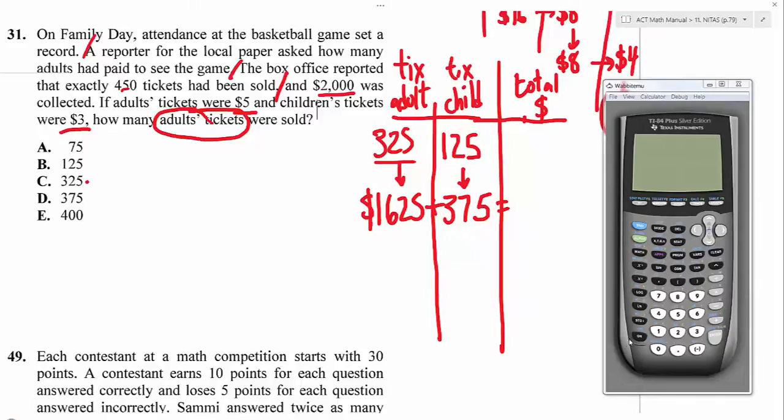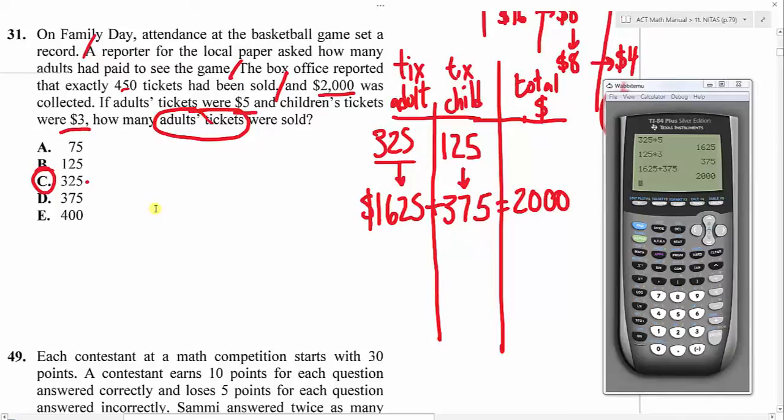So let's go ahead and do that. 1625 plus the 375, and that indeed does equal 2,000, and that's convenient because now I can circle answer choice C and I can move on. So yeah, that one was pretty simple.